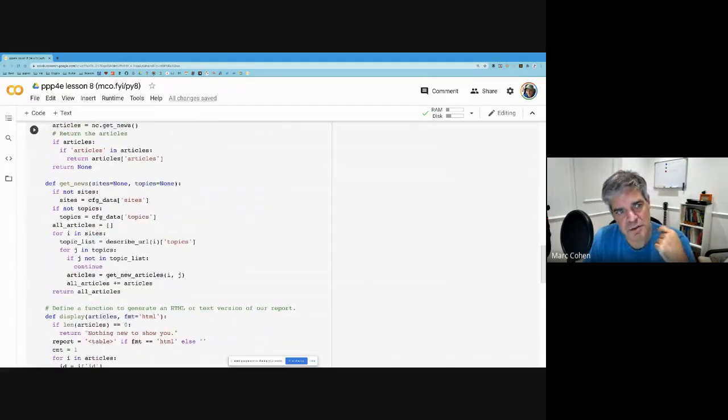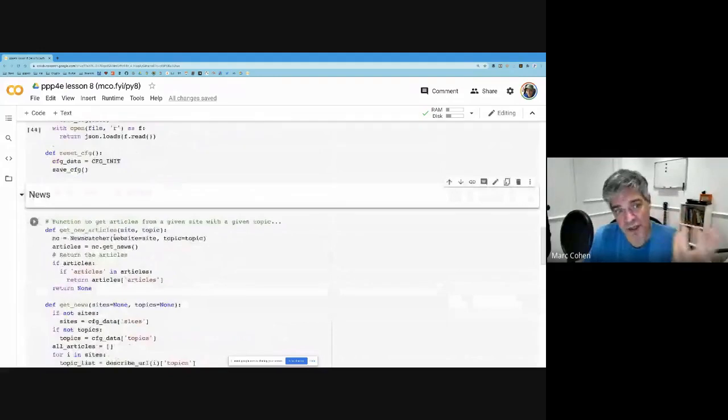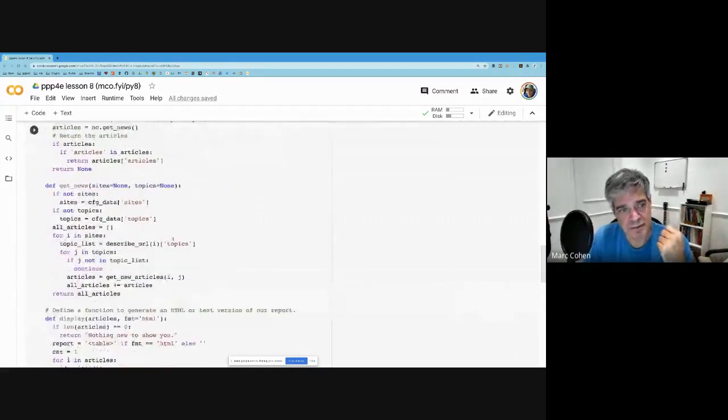Get news uses for loops to iteratively call get new articles for a collection of sites and topics. So it's very straightforward. There's a for i in sites loop, and there's a for j in topics loop. And it calls get new articles i, j.